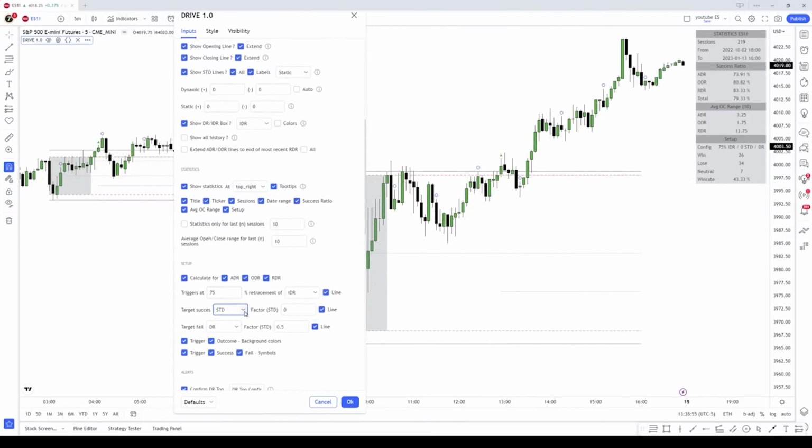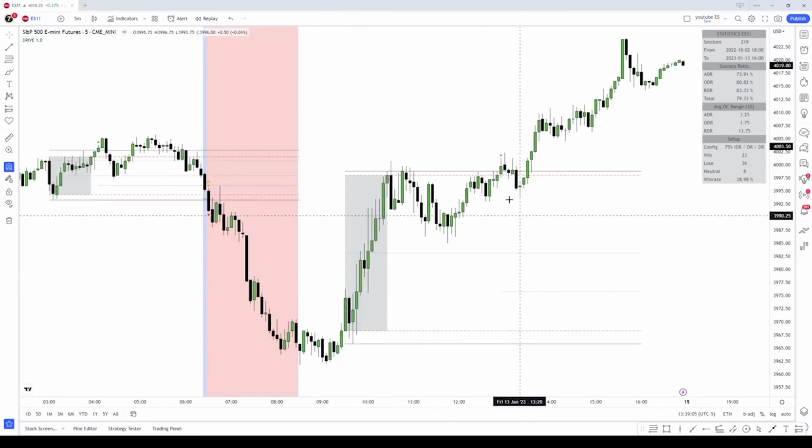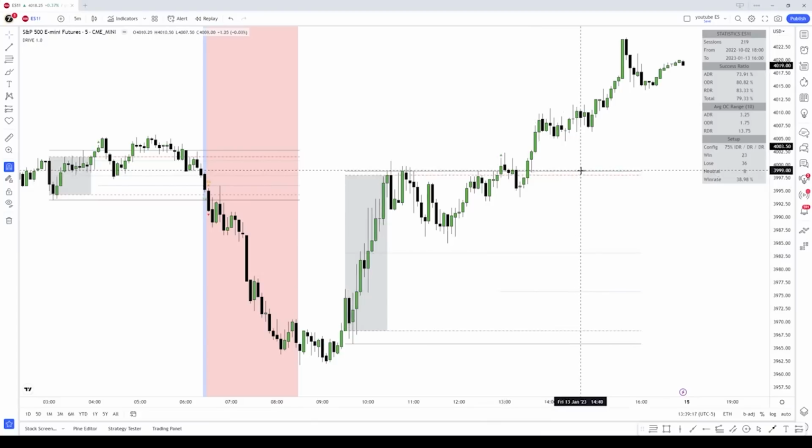If we go back to DR and see how our numbers are changing, if I take as a target DR, to make it visual for you, the setup would be price reaching 75% retracement of the IDR levels and going at least to DR again. That's the setup we are checking right now.